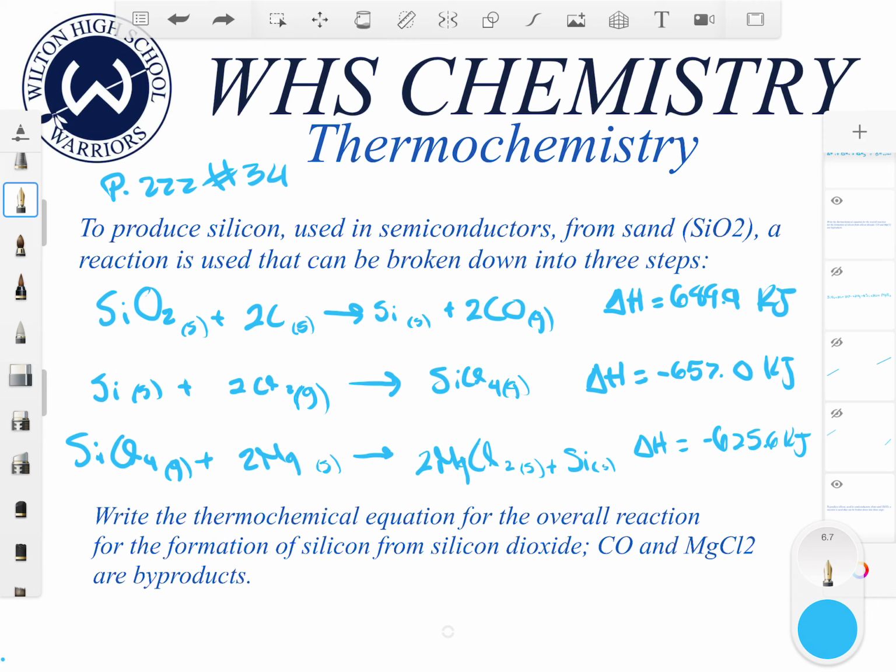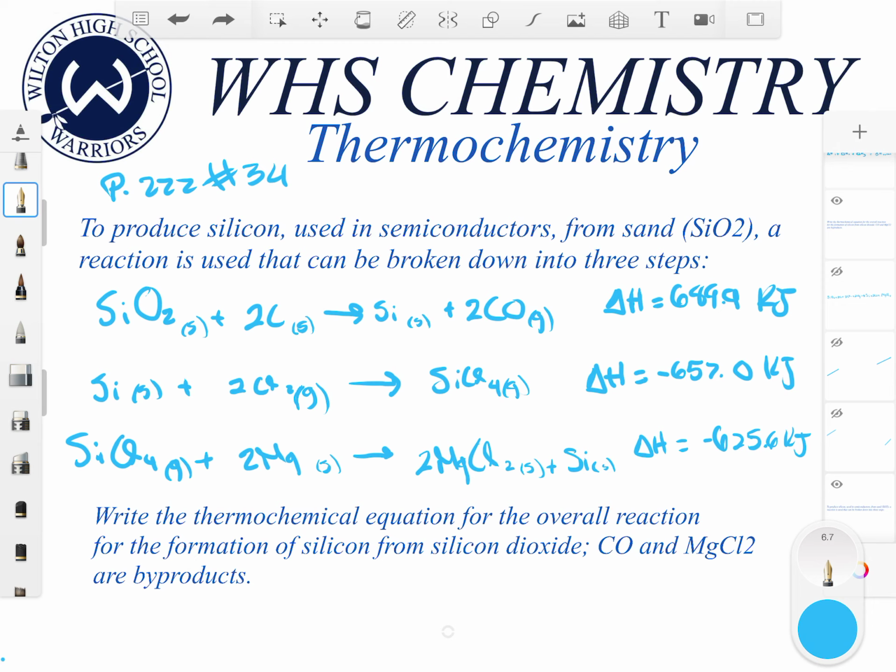So to find this final equation, we need to manipulate these primary 3 steps that are given. We need to find which steps and compounds in these 3 reactions can cancel out, and then once those cancel out, we'll find our final equation.